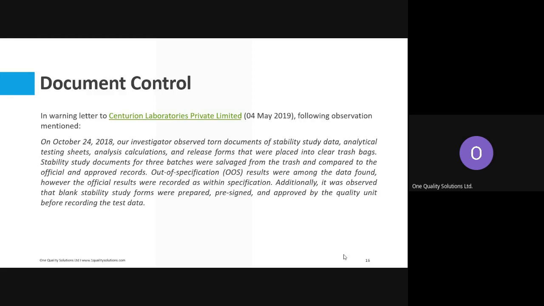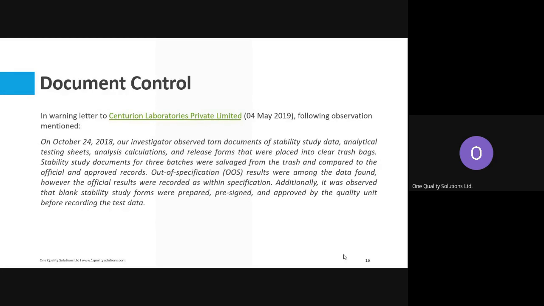In the first place, there was an OOS in the testing record, but they discarded it and did not report it as an official record. In the official record, they manipulated the data and recorded the result as within specifications. So it is a violation of data integrity, right?